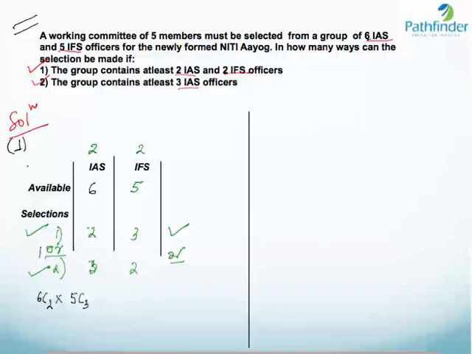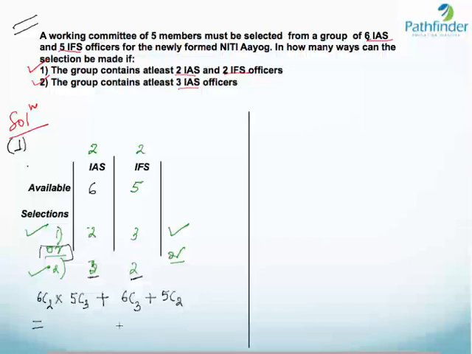And because there is an OR in between, we will have a plus sign here. And in how many ways can you select 3 IAS from 6? 6C3, into, in how many ways can you select 2 IFS from 5? 5C2.